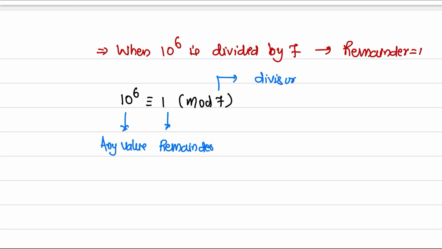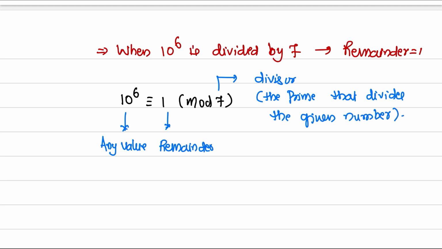The prime 7 divides the given number. When this prime 7 divides the given number 10 to the power of 6, there is a remainder 1.